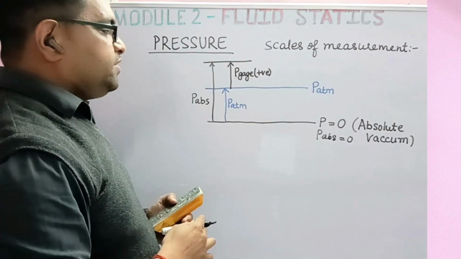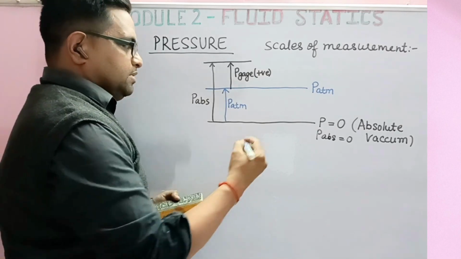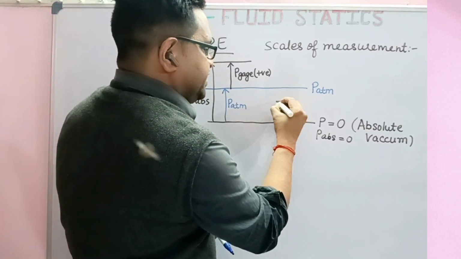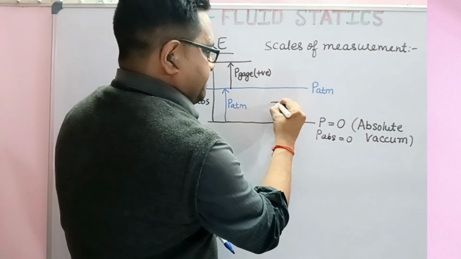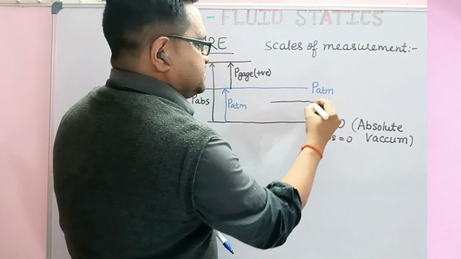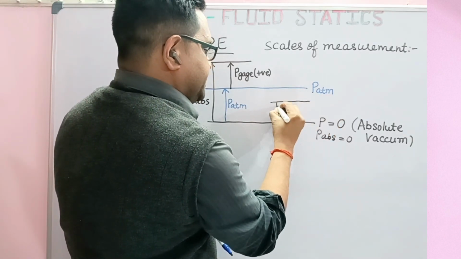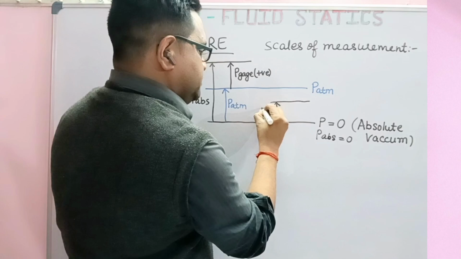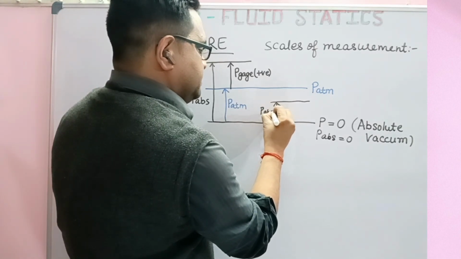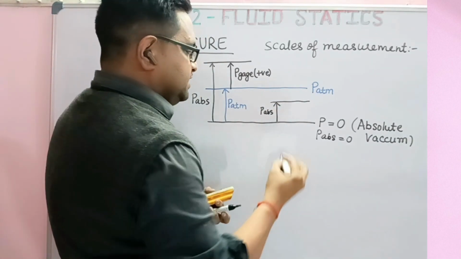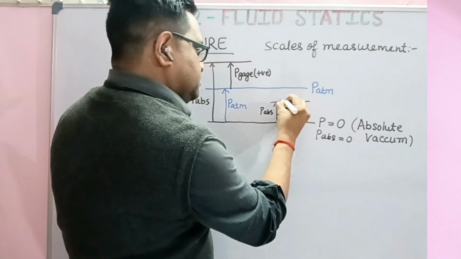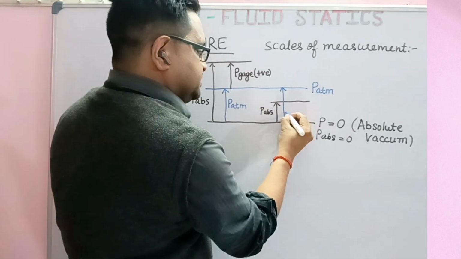Now, if the pressure is lying below atmospheric pressure, let us say that this will be the absolute pressure, and in this case also this will be your atmospheric pressure.